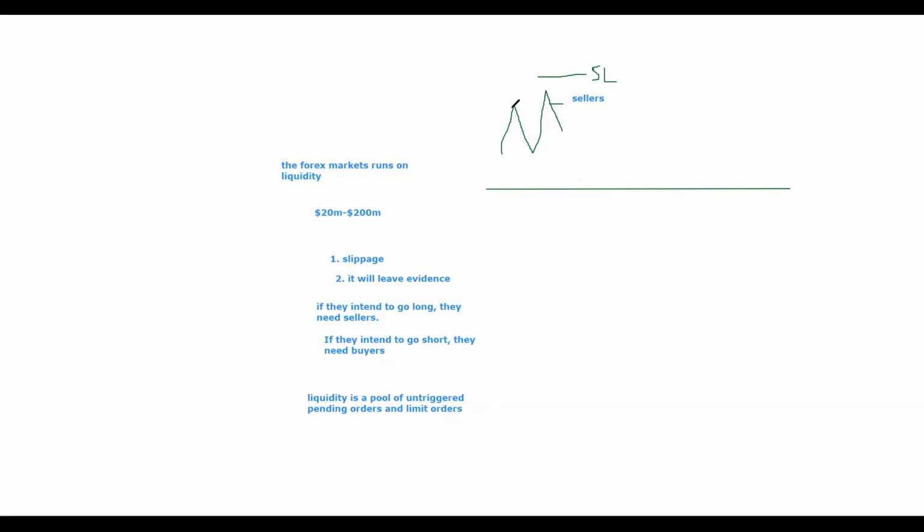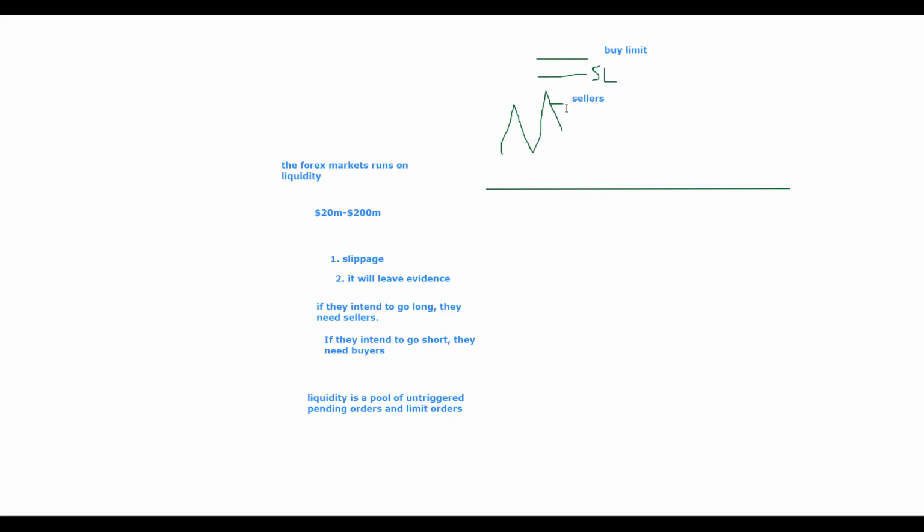Since this high is higher than this high, you're going to have breakout traders who would say, if price goes above this level, I want to be a buyer. So at that level you're going to have buy limit orders above this other high.